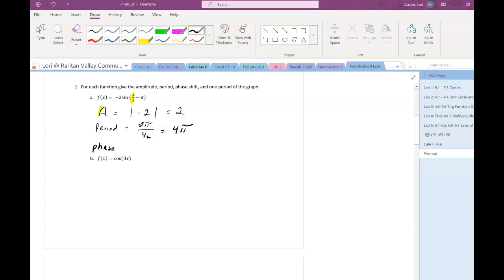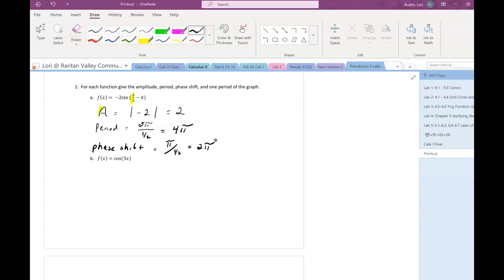And that phase shift, which will give you your starting point, is going to be c over b. So it's going to be pi divided by 1/2, and that's going to be 2 pi. So it's going to shift out to 2 pi and have a period of 4 pi.